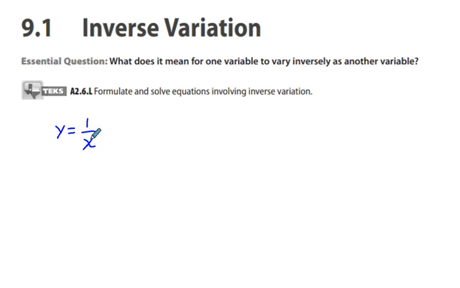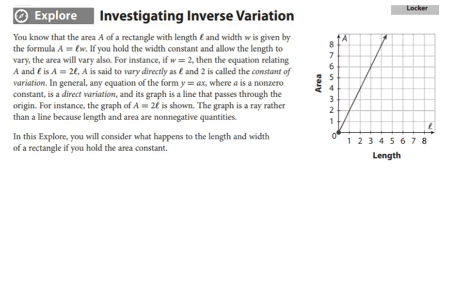This is the type of parent function we're looking at, from which we're going to derive these real-world uses. So it's kind of an interesting situation. We're going to start out with this Explorer, investigating inverse variation.